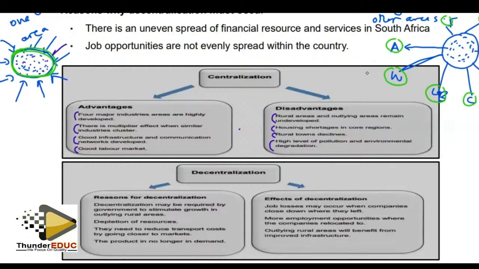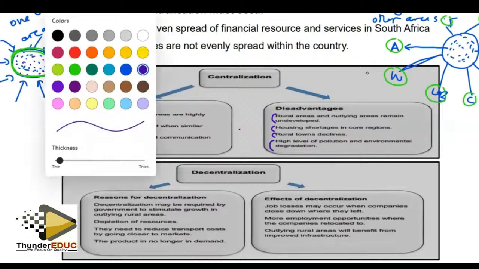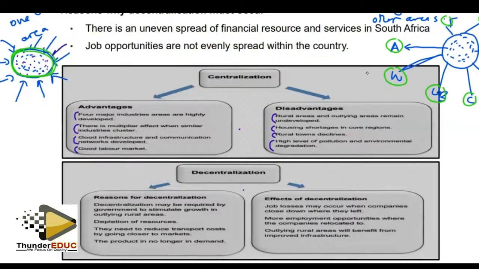Then, if you look at industrial decentralization, the reasons for decentralization here, they say decentralization may be required by government to stimulate growth in outlying areas. Like we did mention here, when industries decentralize, it is going to develop these areas more than before, because before, these areas were underdeveloped.